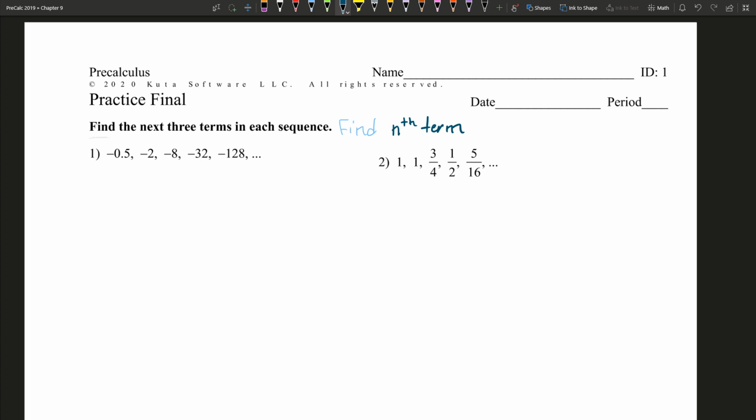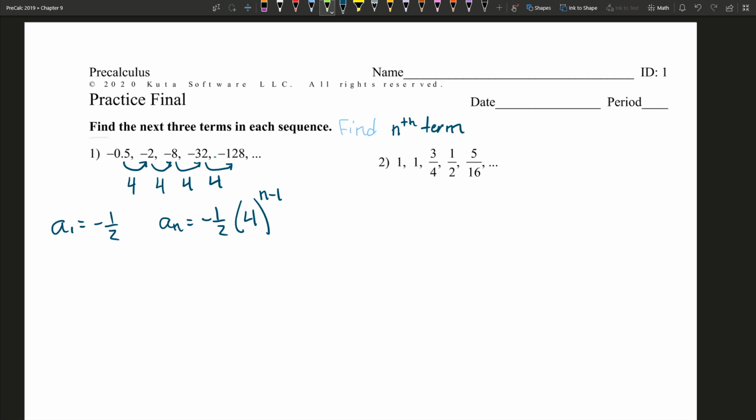All right. So if we just think about how we get from 1/2 to 2, 2 to 8, 8 to negative 32, and negative 32 to negative 128, we're actually multiplying by 4 a bunch of times. Okay, and our first term is negative 1/2. So our nth term is negative 1/2 times 4 to the power of n minus 1.